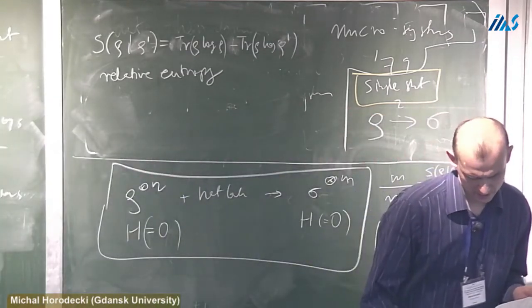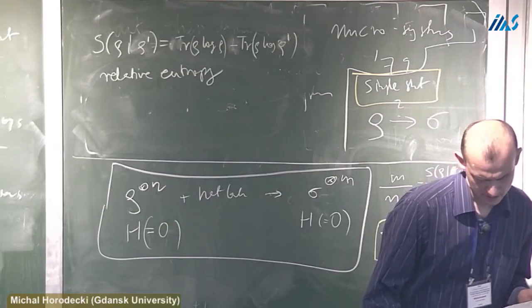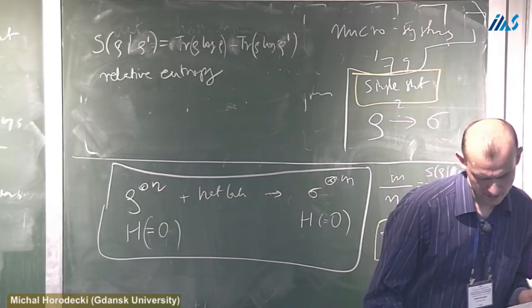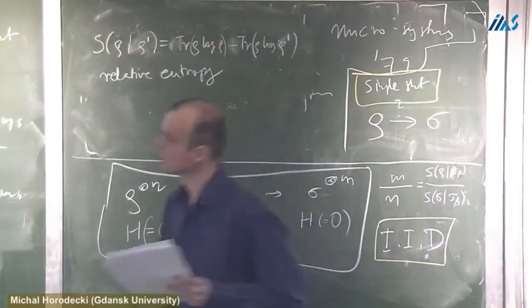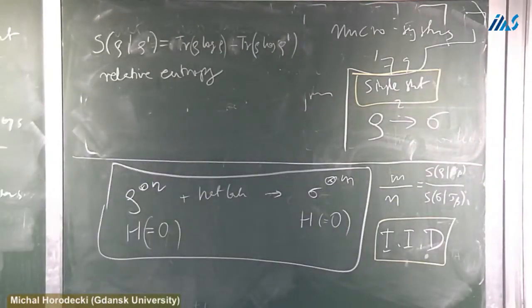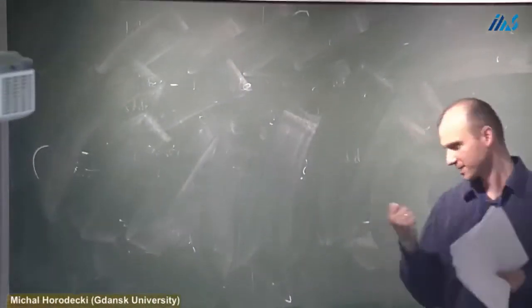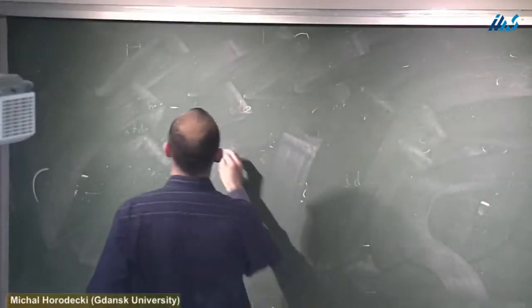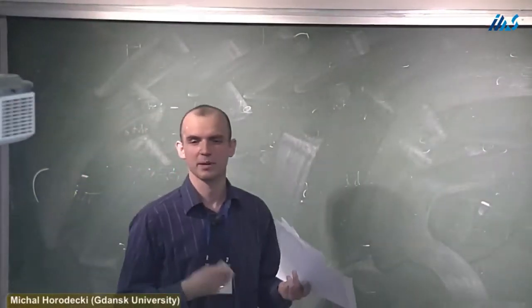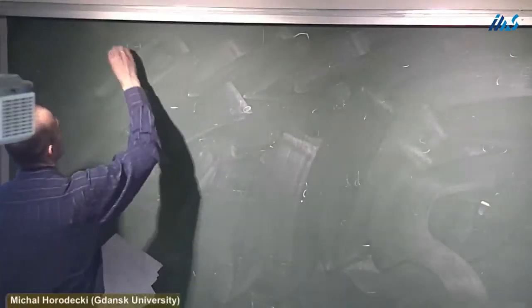One solution was proposed in this paper with myself and Jonathan, where we said, since we ultimately want to deal with microscopic systems, and we want work to be something really certain, and we also want a resource theory, so we want to talk about states.